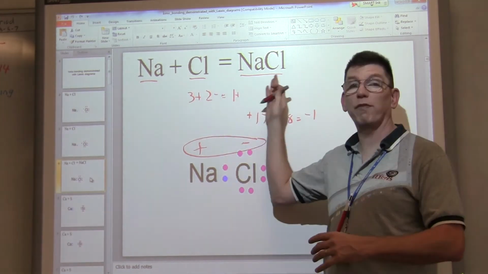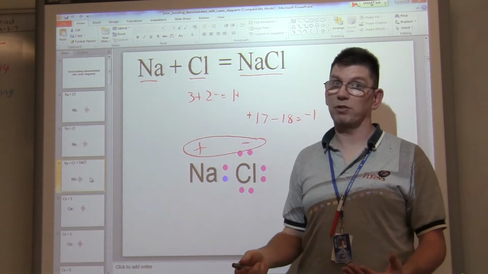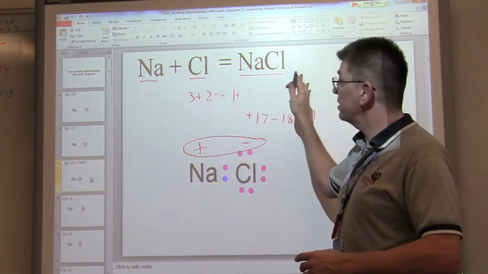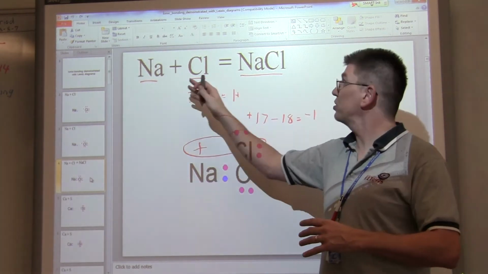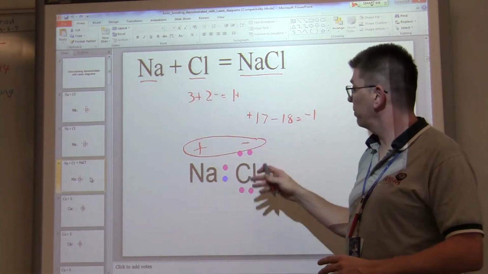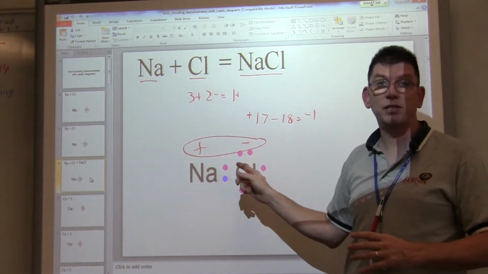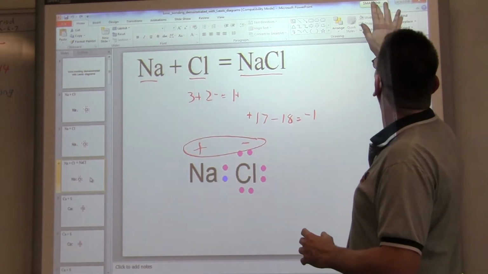It's a totally different substance. Chemically, it's very different. Makes your pretzels taste good. So this is the difference. This chemical bonding changes two other things into something completely different. This is a chemical reaction that we have here. So this bond, this is a totally new substance here called sodium chloride.